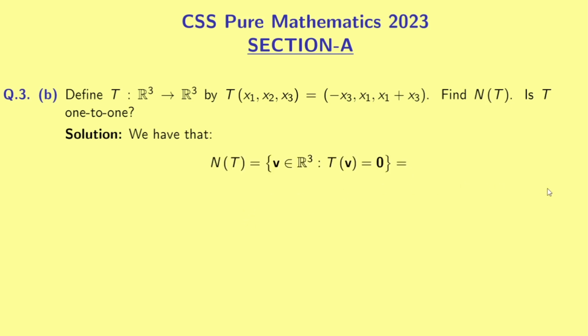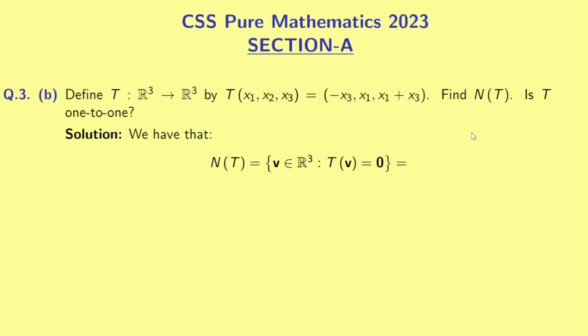First, here we recall the definition of the null space of a linear transformation in general. It's the set of all vectors in the domain which are sent to the zero vector of the codomain under the linear transformation. So in our case, our domain is R3 and our codomain is also R3.